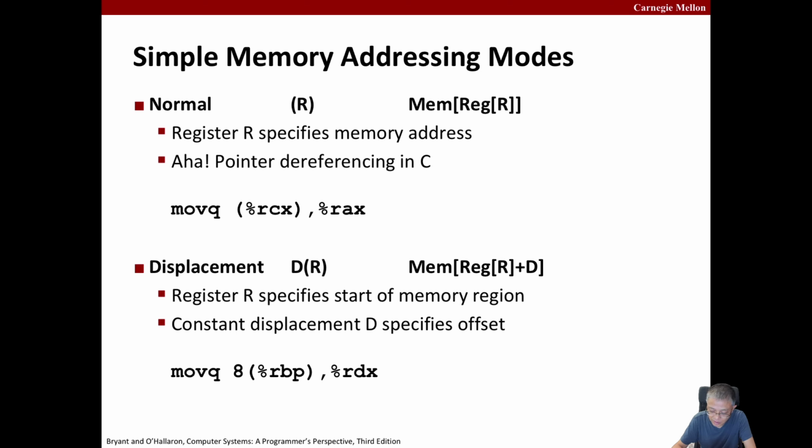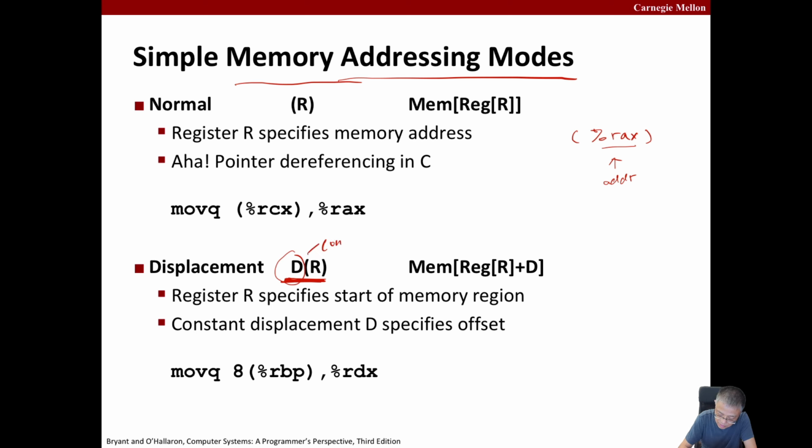Here is a different encoding to address the memory, right? Previously we gave a simple example, where you put parentheses around a register. This register contains the address, and we're accessing the memory pointed to by this register. Then you can add a displacement. A displacement is a constant added to the register.